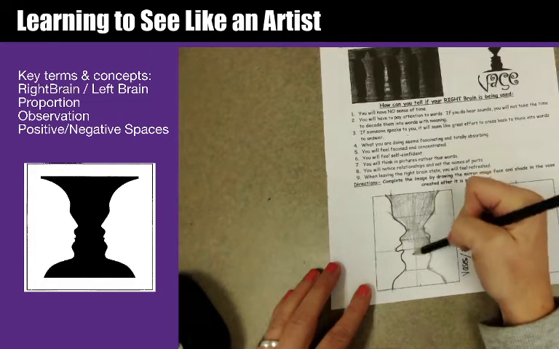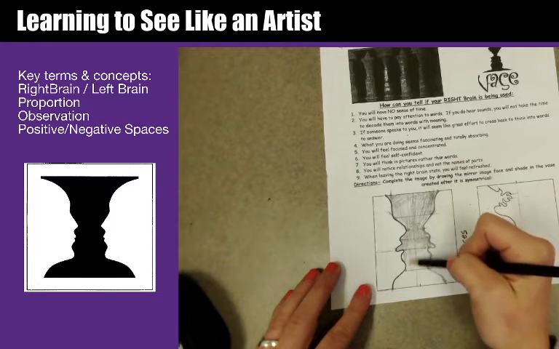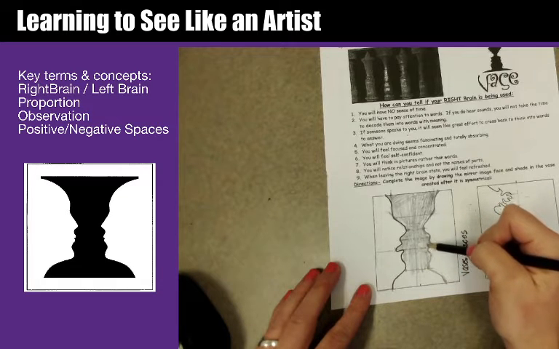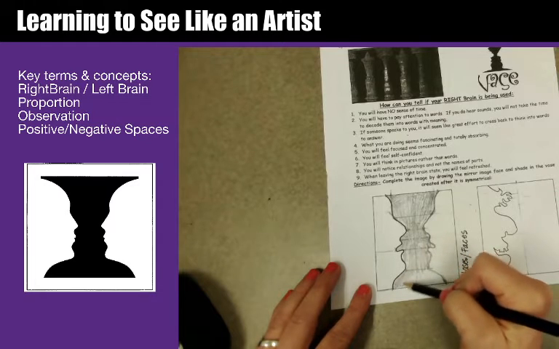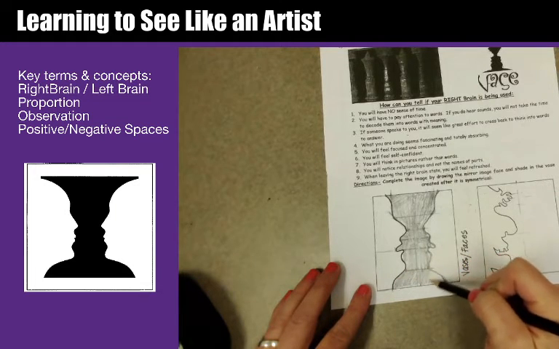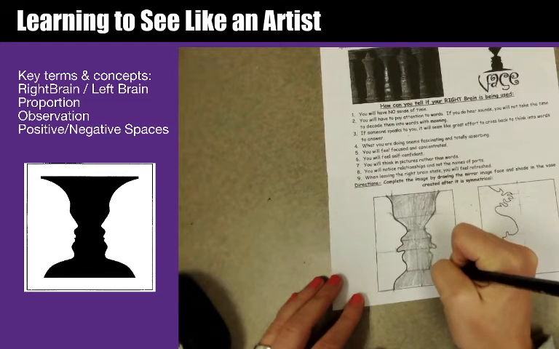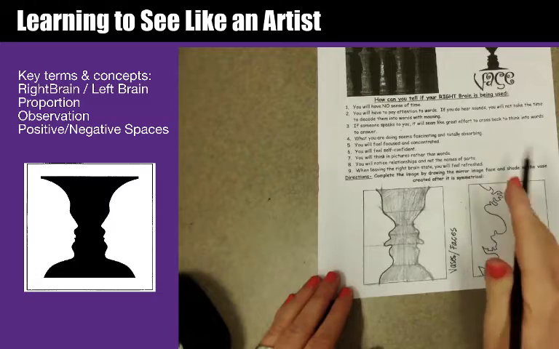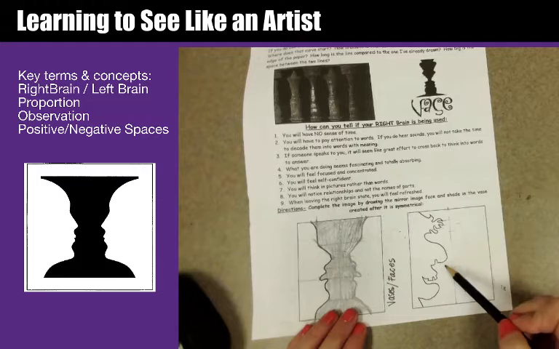The dark area in the middle is now going to look like a vase, and it should also look symmetrical. Symmetrical means it's a mirror image. We talked about that when we talked about the element of balance. So pretty good. I feel like there's something in here that's not right, so I'm going to adjust that. And I'm done.